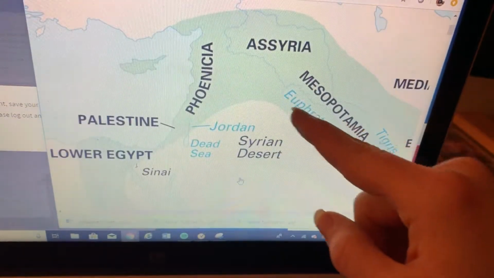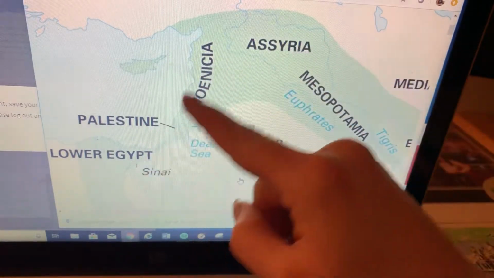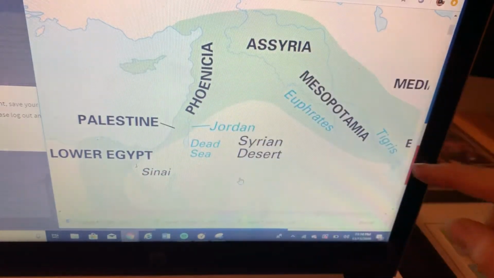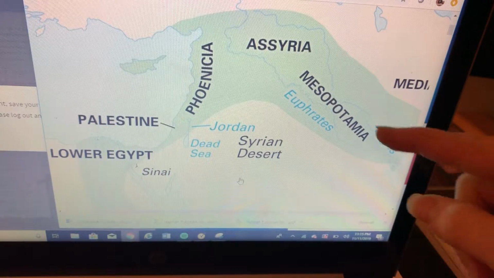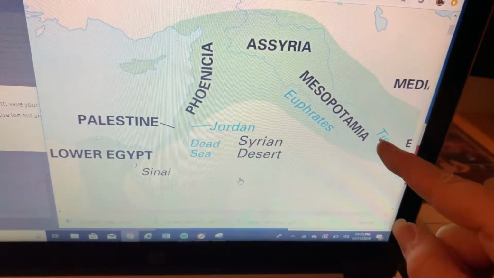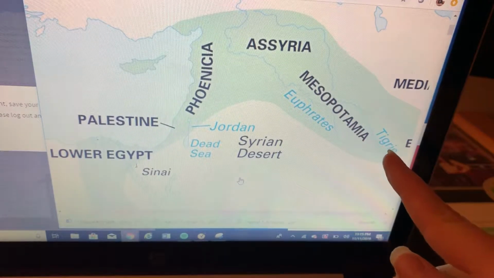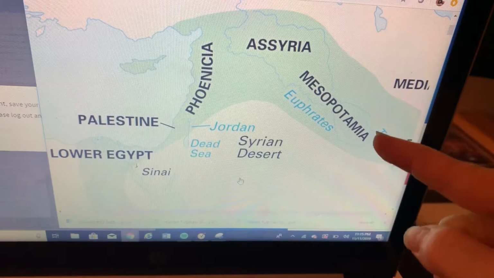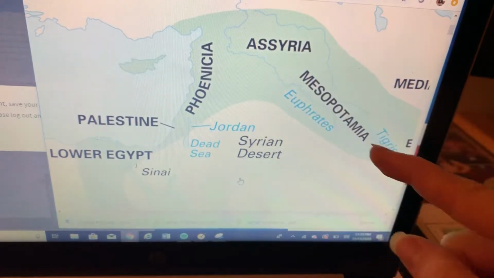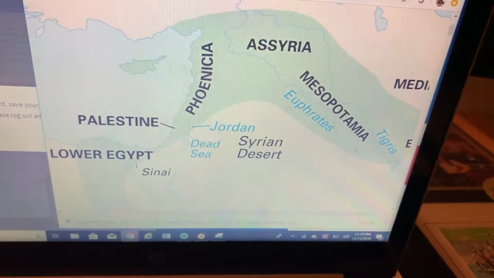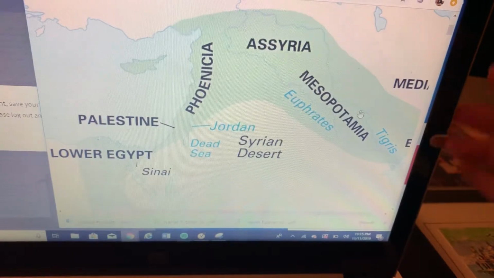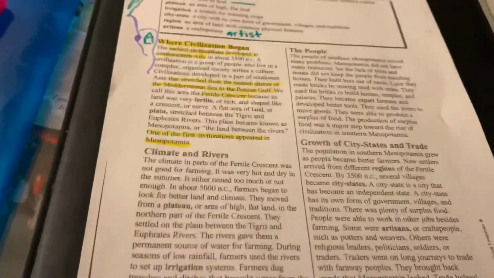So this whole Fertile Crescent had fertile or rich, good farmland, but especially in here in Mesopotamia, because it had the Euphrates River and the Tigris River. So a lot of the nutrients from the rivers seeped out into the soil here. So that's why this was such a great spot for civilizations to start developing. They had access to water very close by, and the land was nice and rich for farming.